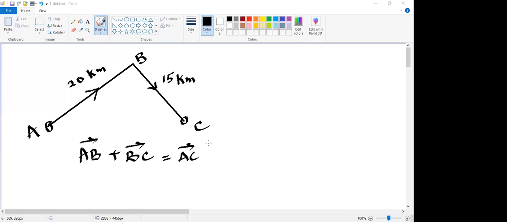Two vectors are equal if they have the same magnitude and direction. Thank you very much. Two vectors are equal if they have the same magnitude and direction, or if they are both acting in the same direction and they have equal magnitudes. That's when we say that the vectors are equal.